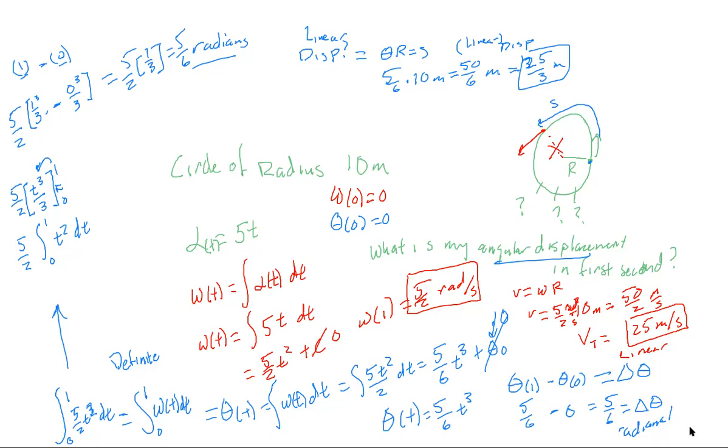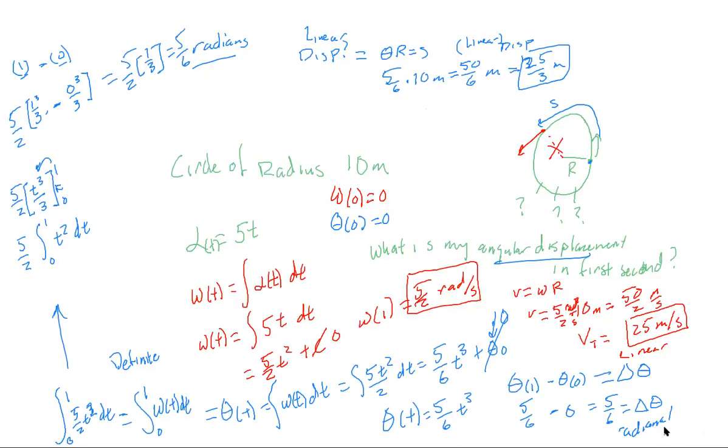Okay. Third, I had my alpha of t, and I'll change back to the green. Alpha of t is 5t. Maybe I want to know alpha of 1.